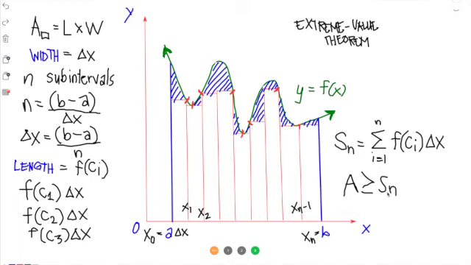So S sub n is less than or equal to our area A, the whole thing.